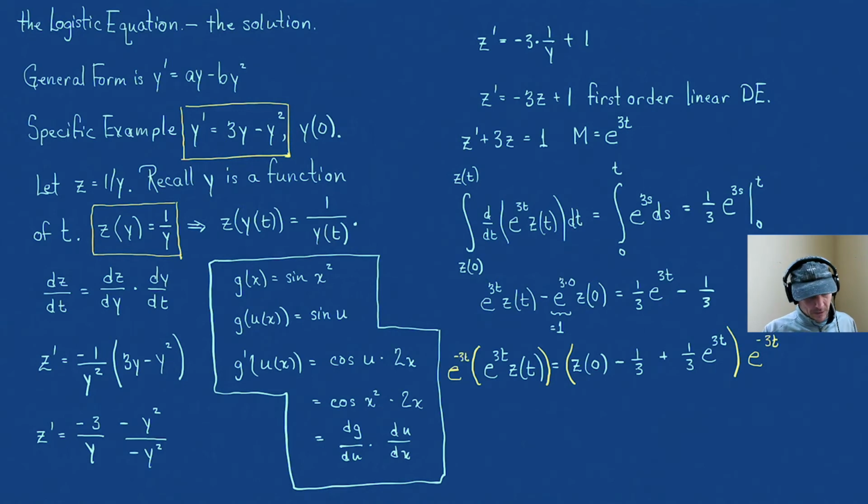Well, let's see where this puts us now. This takes us to z of t is equal to, I'm going to put parentheses, z of 0 minus 1/3 e to the minus 3t plus, well, e to the 3t times e to the minus 3t.